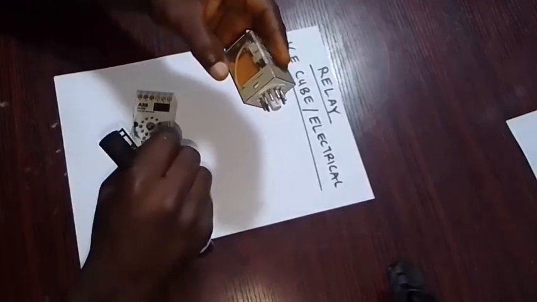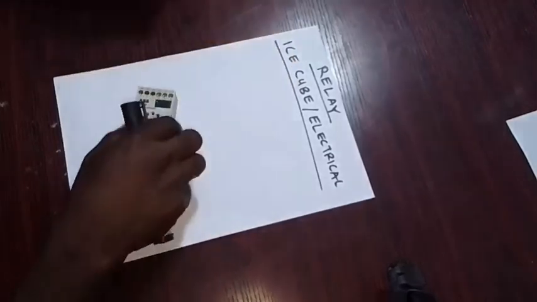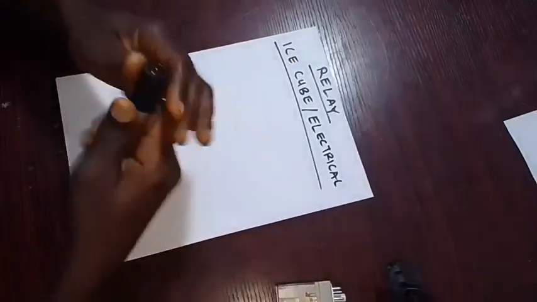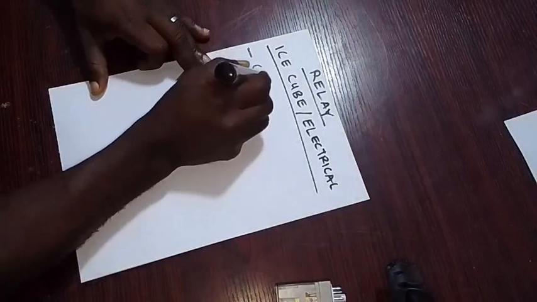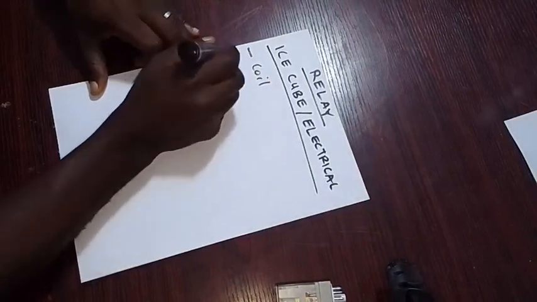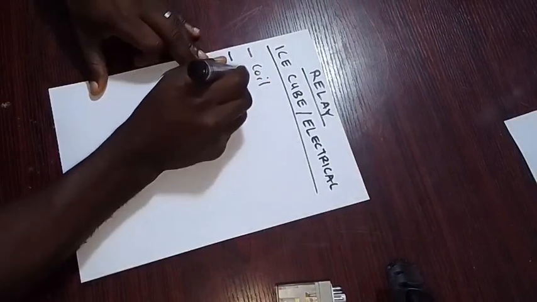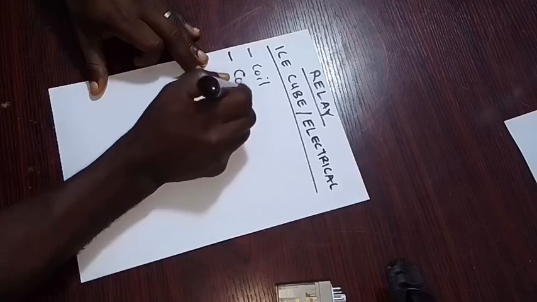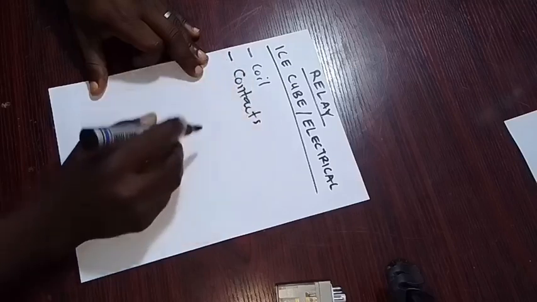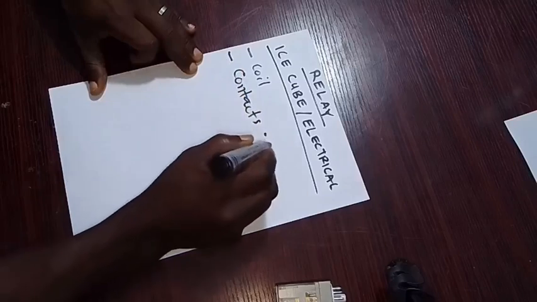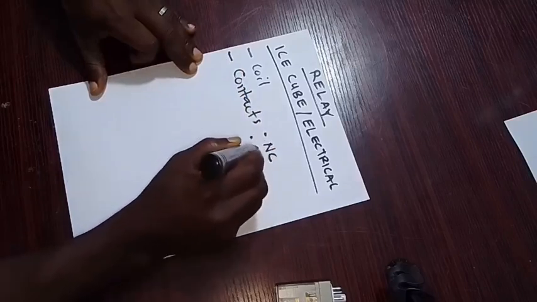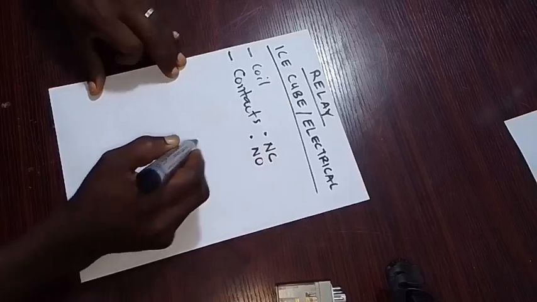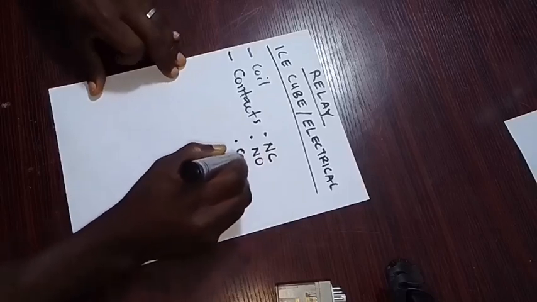Now, the relay, like I said, has three major parts: the coil, the contact, and the relay socket. In the contact, we have the normally closed contact, the normally open contact, and the common contact.